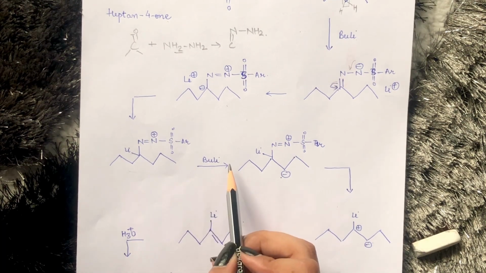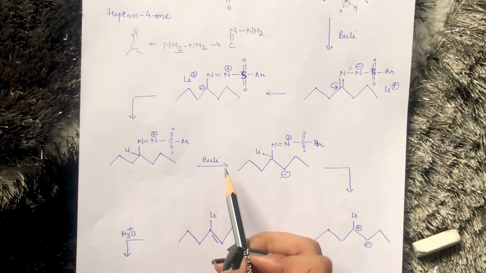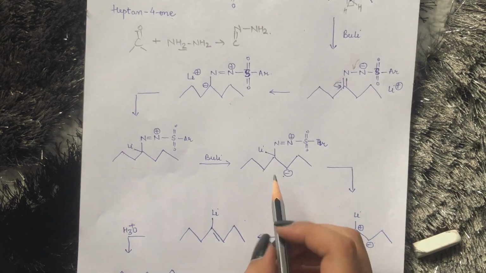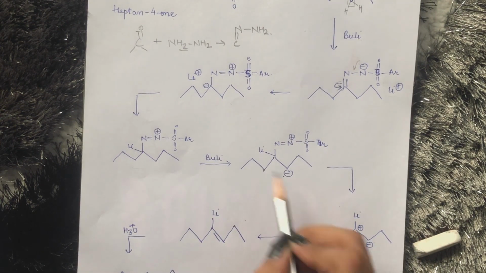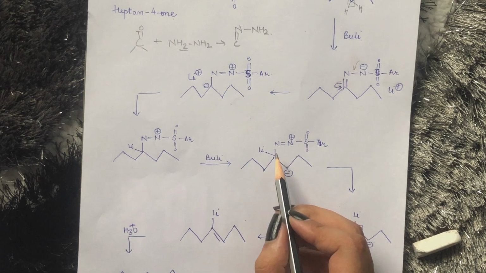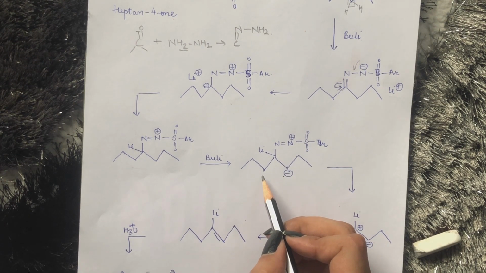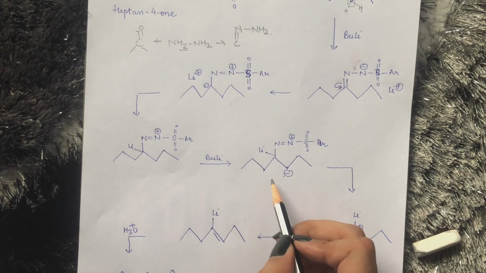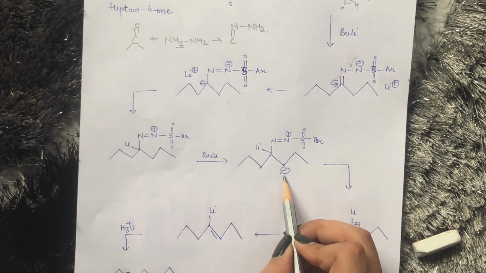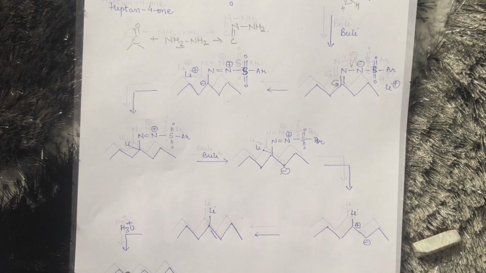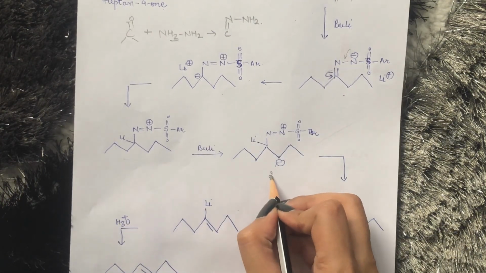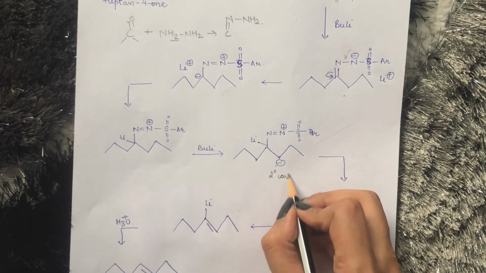Again the proton abstraction will take place. Now the hydrogen abstraction can take place either from this carbon or this carbon. It is a symmetrical molecule, so hydrogen abstraction can take place from any carbon. I have shown from here. So a secondary carbanion is formed over here.